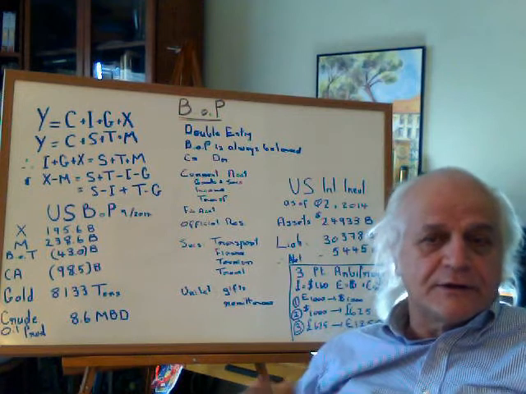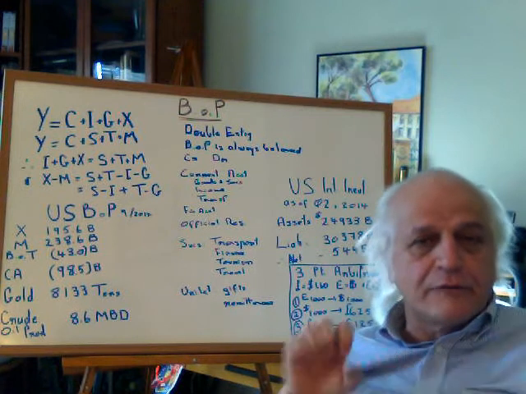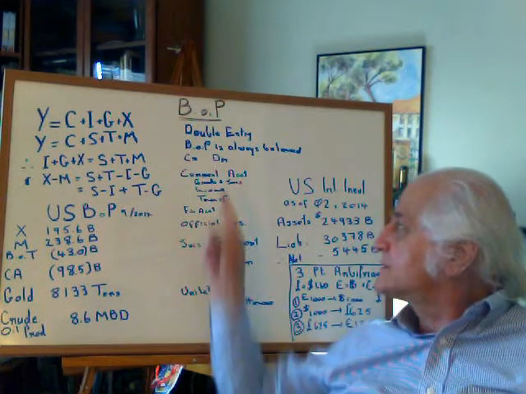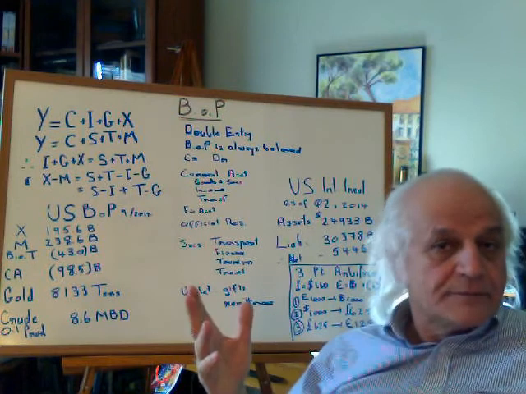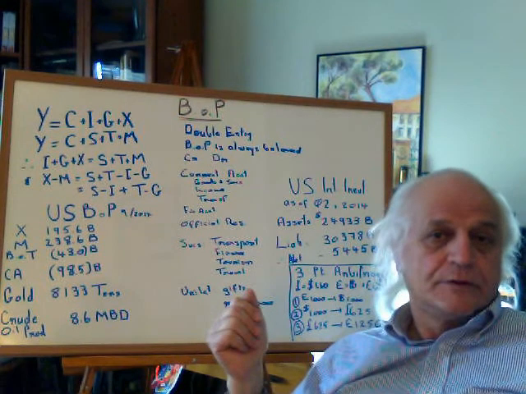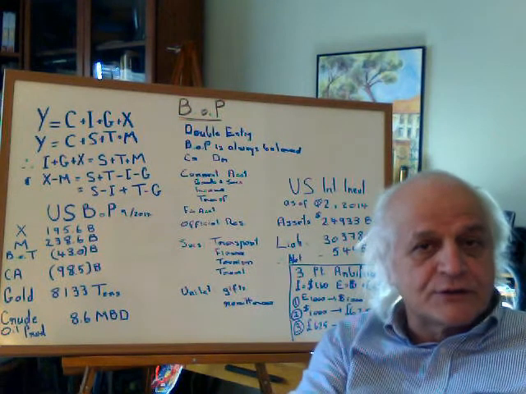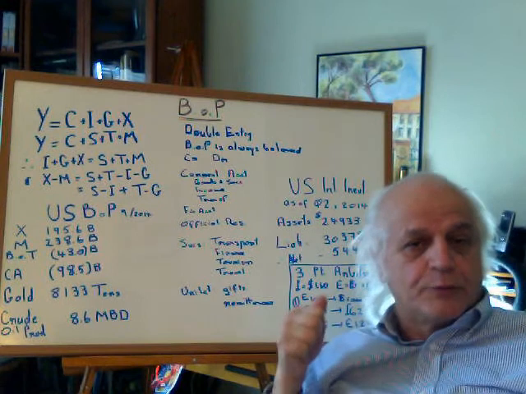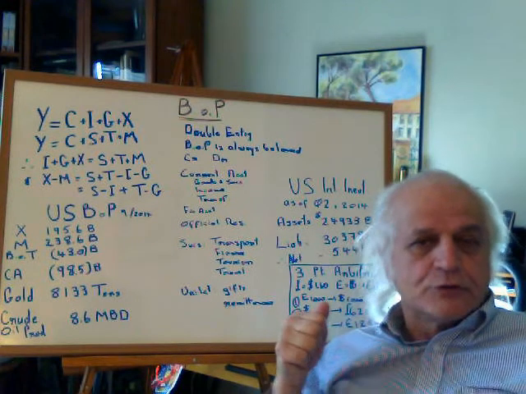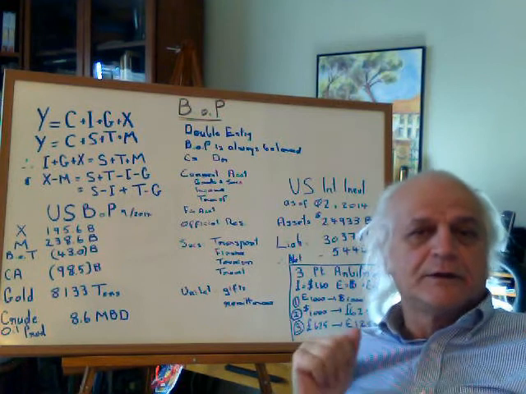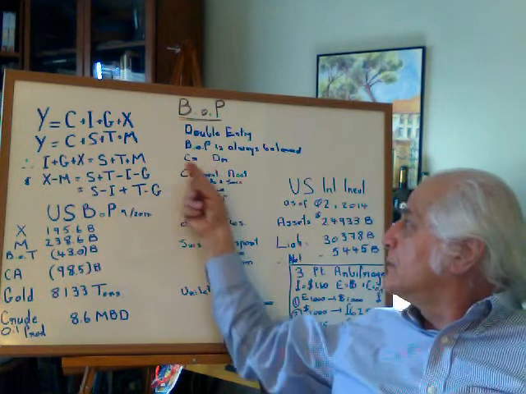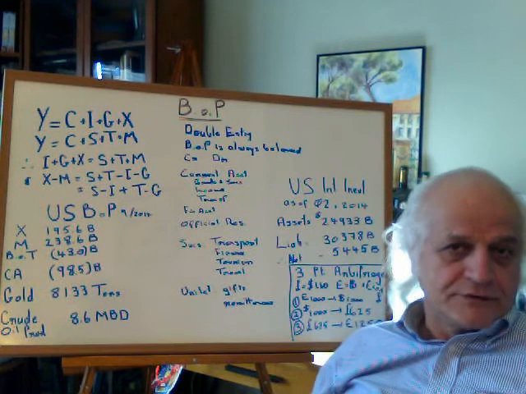Any activity that creates a capital inflow into the United States is a credit, such as exports. When you export goods and services, somebody has got to pay you. So you export cars, you're paid. You export wheat, you're paid. Therefore, these are classified as credits.